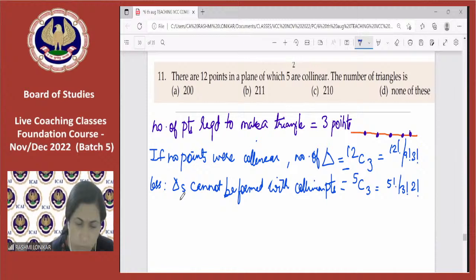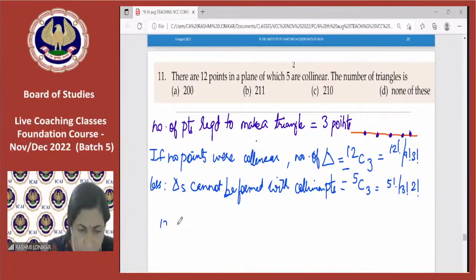Let me show it over here. 12 factorial upon 9 factorial is 12 into 11 into 10, upon 3 factorial which is 6, minus 5 into 4 upon 2.